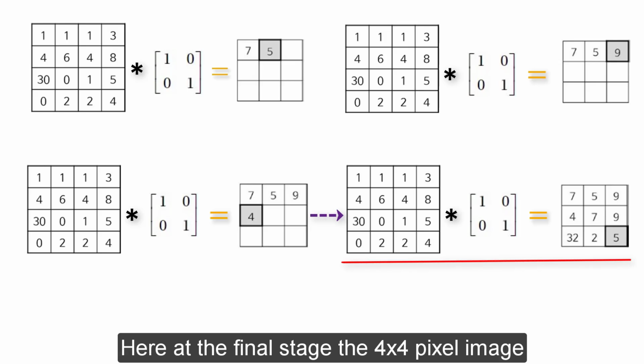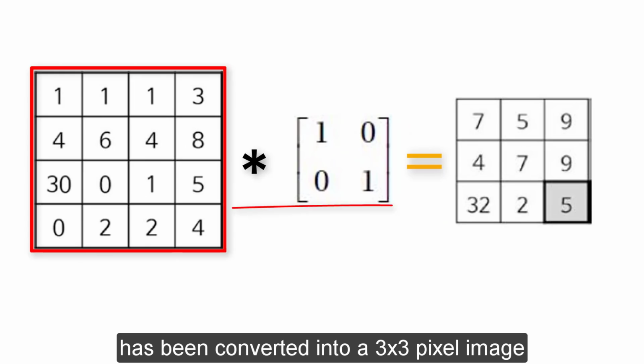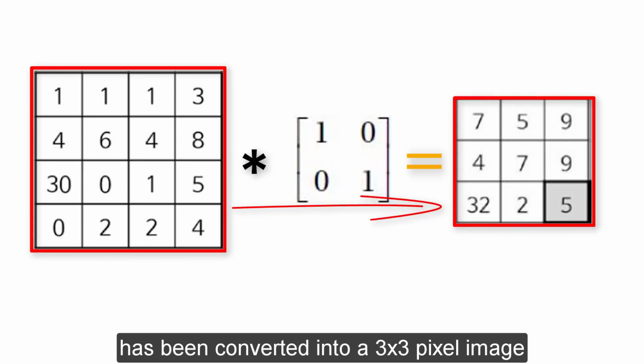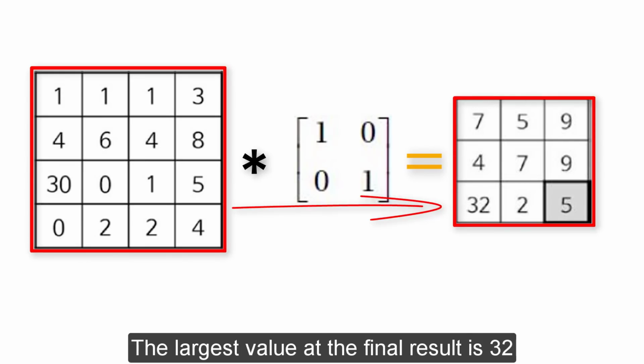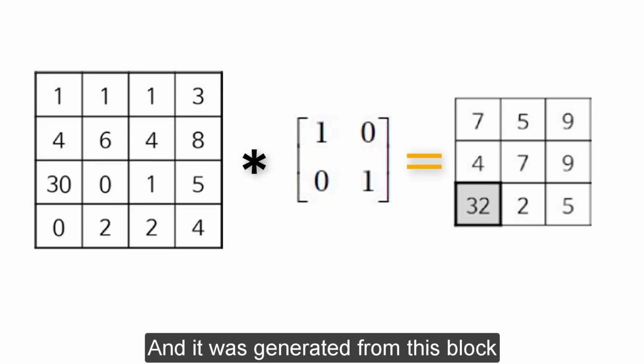Here at the final stage, the 4x4 pixel image has been converted into a 3x3 pixel image. The largest value in the final result is 32, and it was generated from this block.